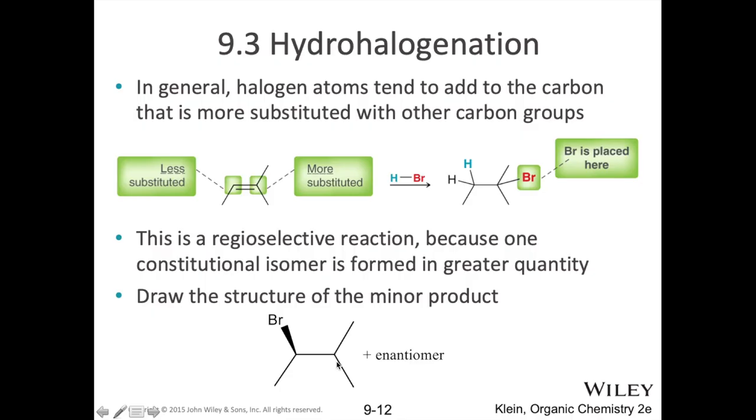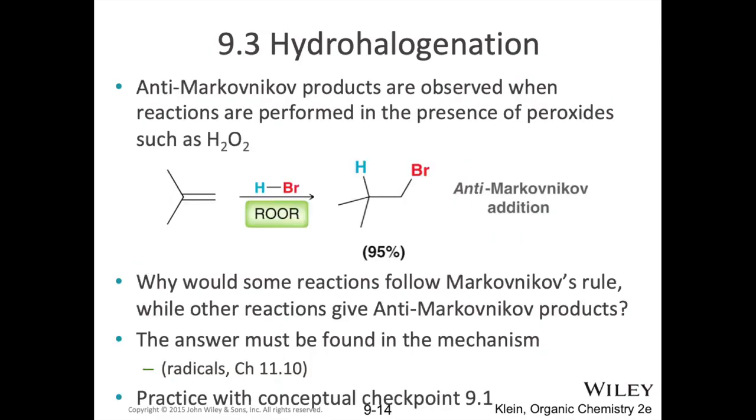We'll see that over in chapter 11 because that's going to involve a radical reaction. We'll see that in chapter 11.10. So we call that the anti-Markovnikov addition. We'll get into that later, but essentially you'll find that it helps to have a source of radicals such as this peroxide here, if you want to make that anti-Markovnikov product.